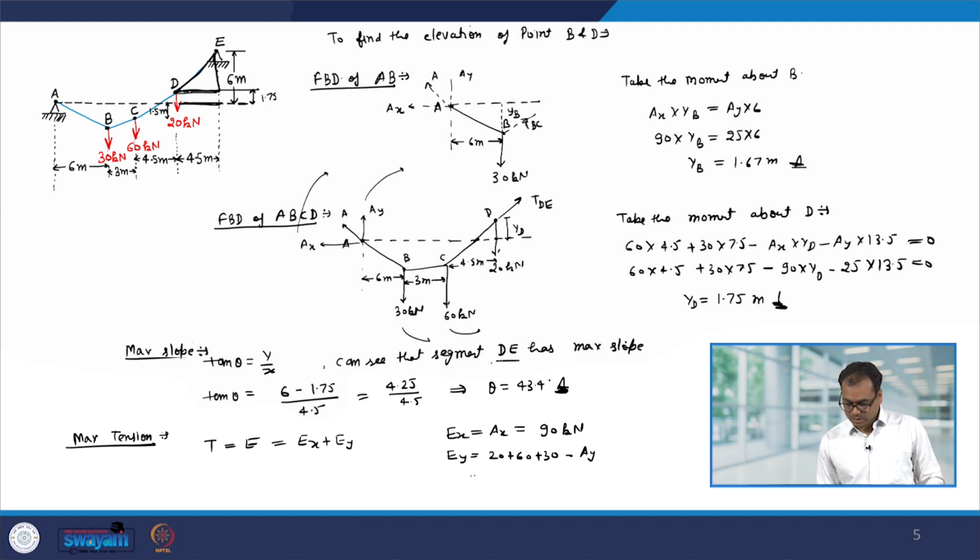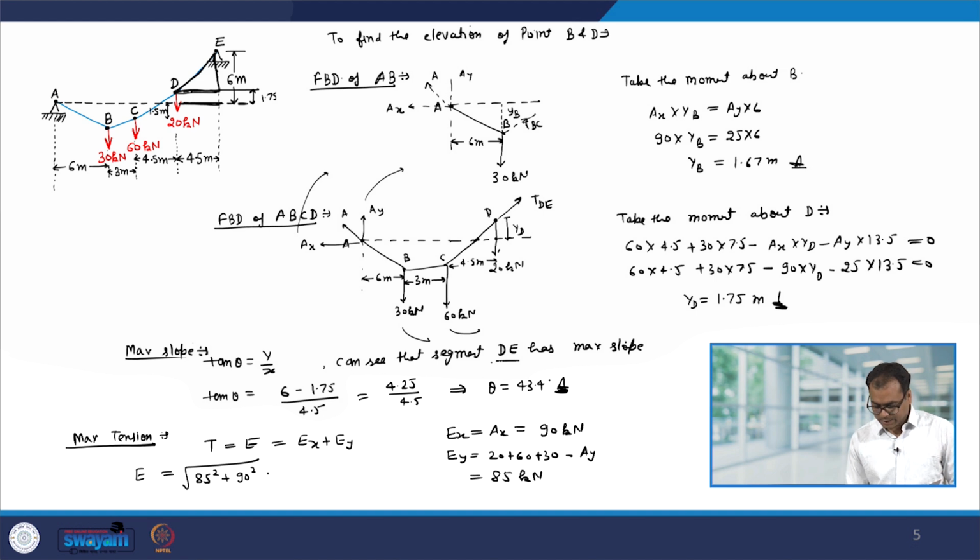So, this will come out to be 85 kilonewton. Therefore, T or E will be square root of 85 square plus 90 square, equal to 123.8 kilonewton, and this is nothing but T max.